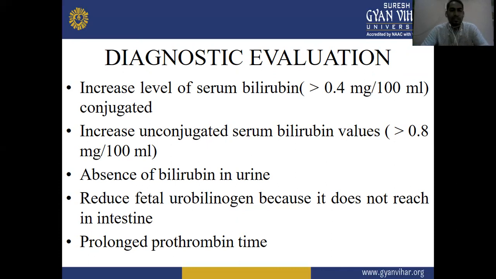The first diagnostic test is an increased level of serum bilirubin: conjugated greater than 0.4 mg per 100 ml, and unconjugated serum bilirubin values greater than 0.8 mg per 100 ml, and absence of bilirubin in urine.